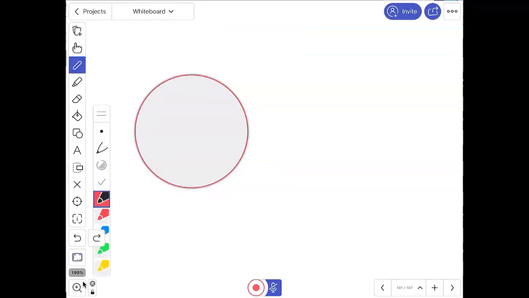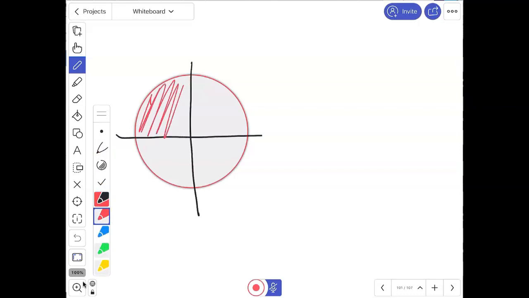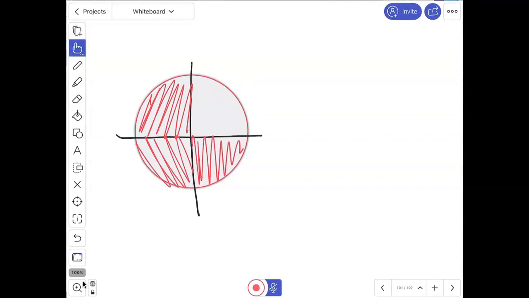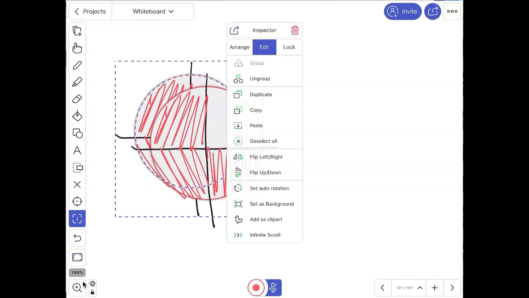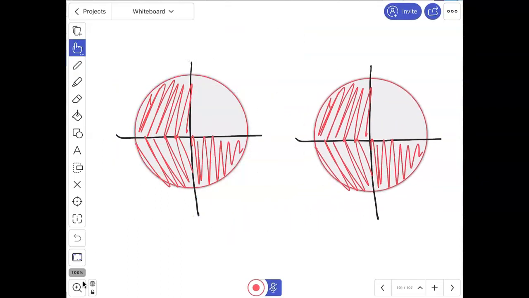If I partition this circle like so, and I shade in, let's make it 3/4 just so it's like the last one. Just the same, right? Okay. If I duplicate that, it's exactly the same. I just recreated it, didn't I?